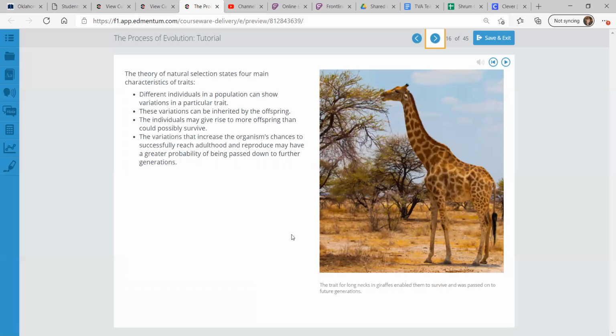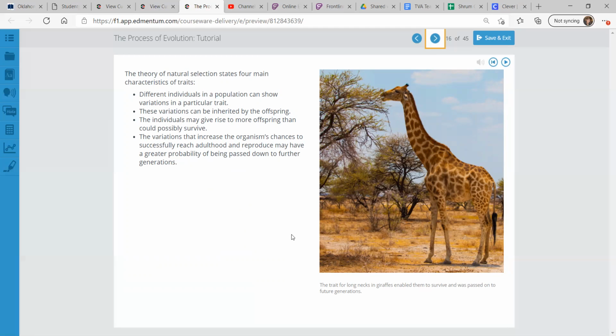The theory of natural selection states four main characteristics of traits. One, different individuals in a population can show variations in a particular trait. Two, these variations can be inherited by the offspring. Three, the individuals may give rise to more offspring than could possibly survive.